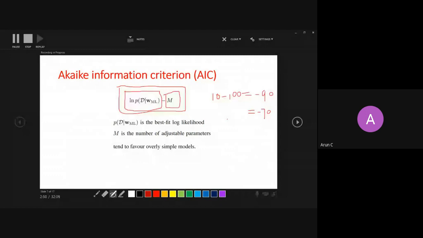If you have been provided m equals 0, 3, and 9, then m equals 0 is simple here, right? Simple in the sense that it can explain the data very easily. So there are multiple criteria to choose models, out of which this is AIC, where the likelihood is collectively put with the model complexity in terms of negativeness, and the total value is maximized, and based on that you will choose, right?